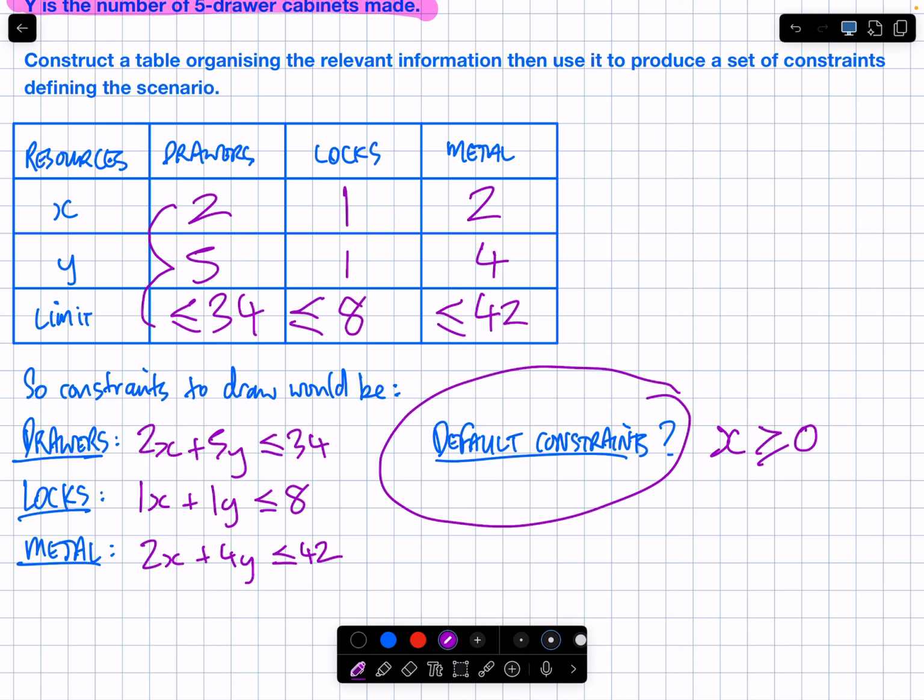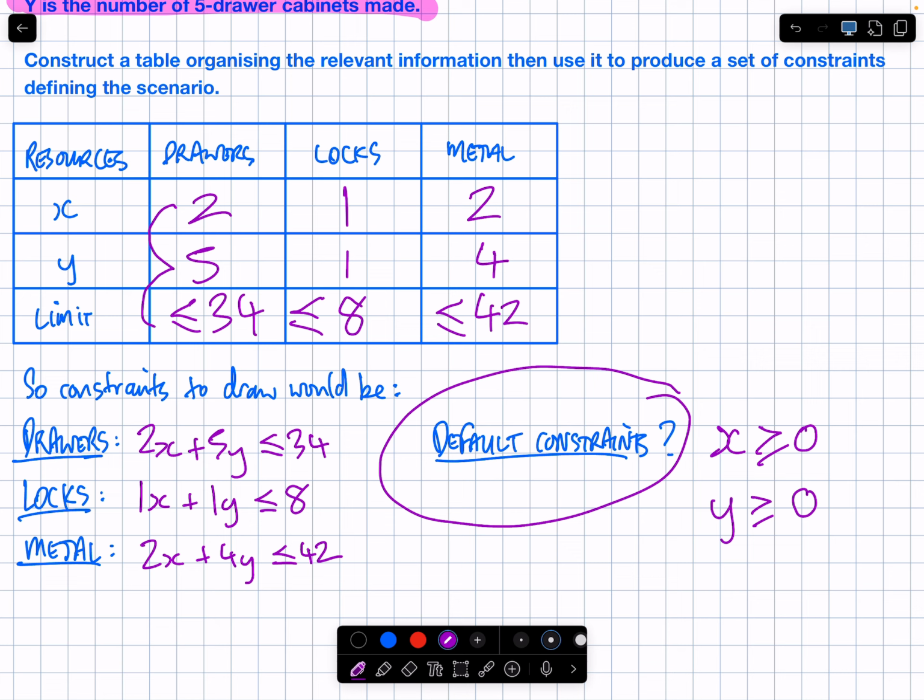Would that make sense? No. What's the other constraint that I need to put on there to make sure I don't make -50 5-drawer cabinets? Y is greater than or equal to 0. We did x. What would the next one be? Y would be greater than or equal to 0, to make sure that we don't have nonsense things.